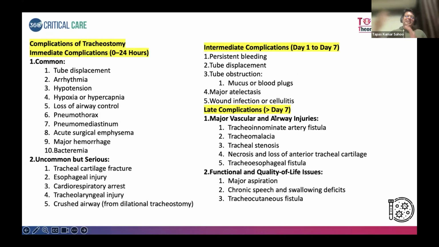Late complications, when you are getting it more than day 7, like fistulas, malacia or stenosis, necrosis, and tracheoesophageal fistula also sometimes happens. And functional and quality of life issues like major aspiration, speech deficit, swallowing deficit, tracheocutaneous fistula, that would be something which is coming more than 7 days.